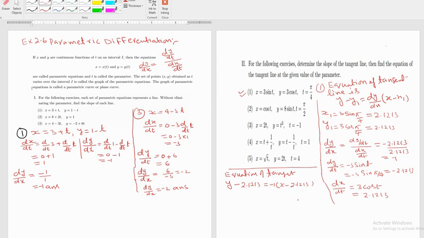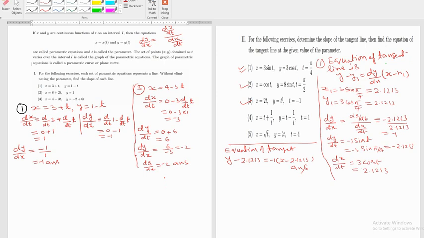Just simplify whatever you have; that is your answer. For that type of question you can try this one, and you can try question number 3 by yourself also. Now I am going to write question number 4. What is the answer of question number 4?